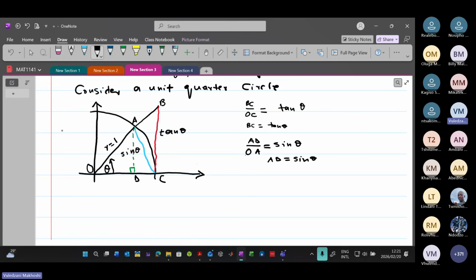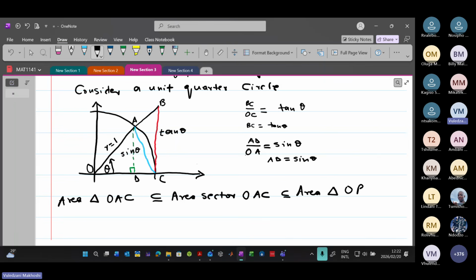If you talk of the area of triangle OAC, it is smaller than the area of sector OAC, which is contained in the area of triangle OBC.